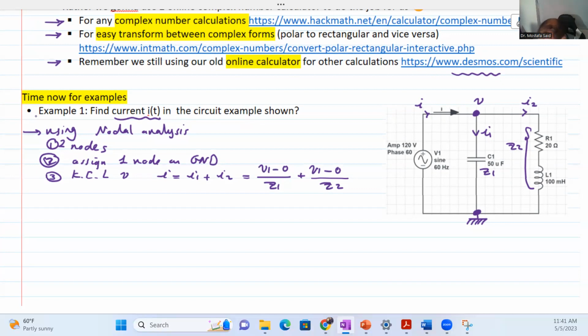Let's start by finding V, or I'm sorry, V1. Let's call it V1, that's fine, and let's call the source V. So what is V1? Actually, V1 is the source V. Let's see why. Because this is just one node, right? This is just one short circuit, so the voltage across the whole short circuit is the same.